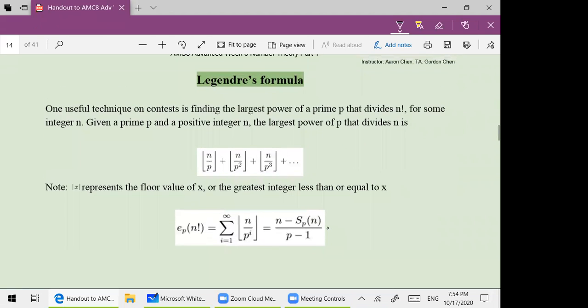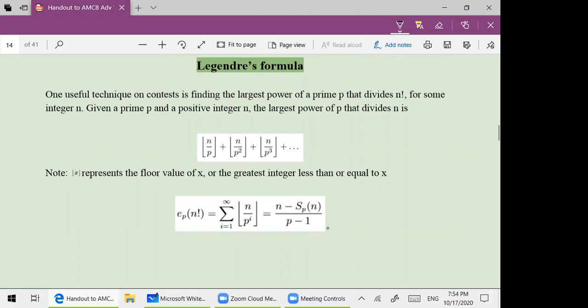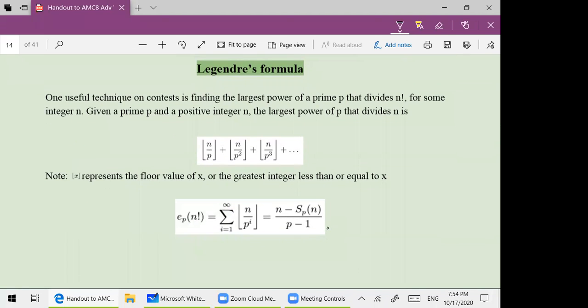Now, Legendre's formula. This is something that you really do not need to know.